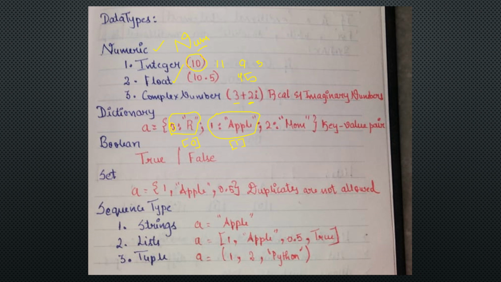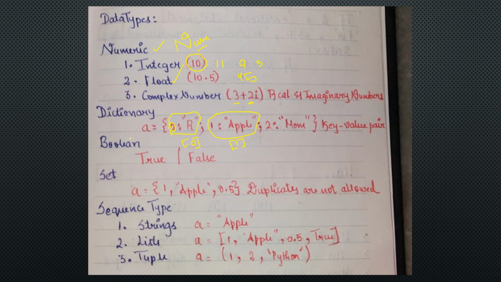Whenever you want to call an element from the dictionary, you need not use the index number, you can directly call it with its key. If I say return the first value in the dictionary A, it will return apple. If I say return the second value of the dictionary A, it will return mom.